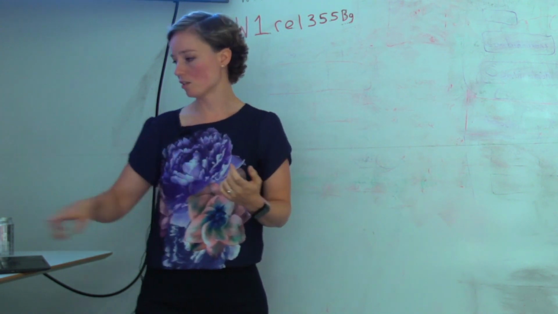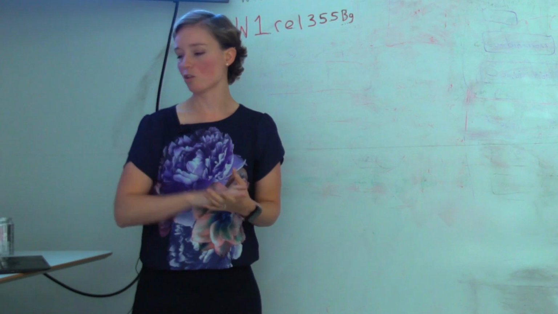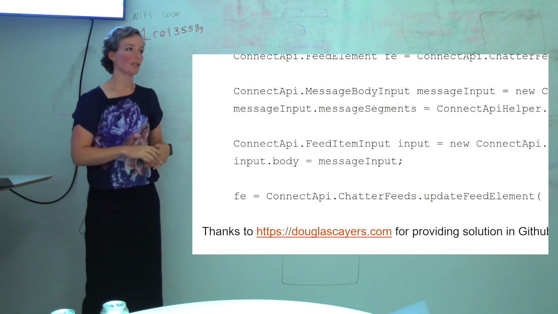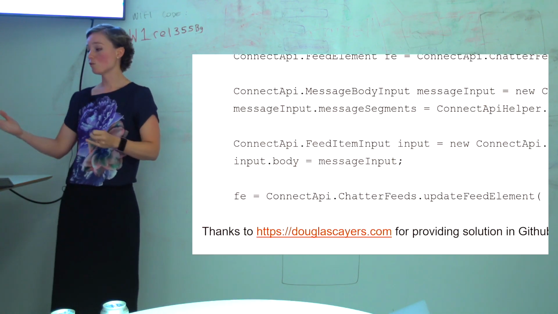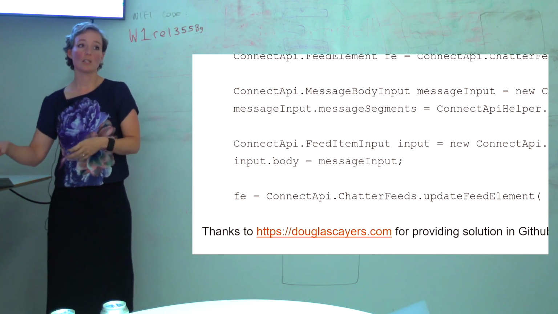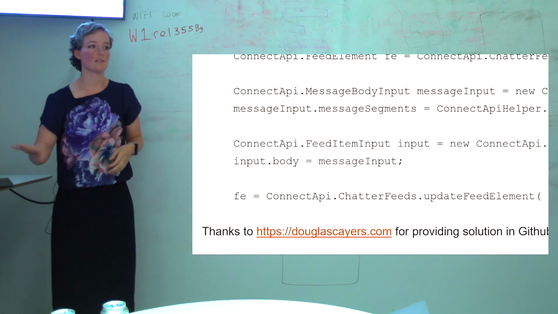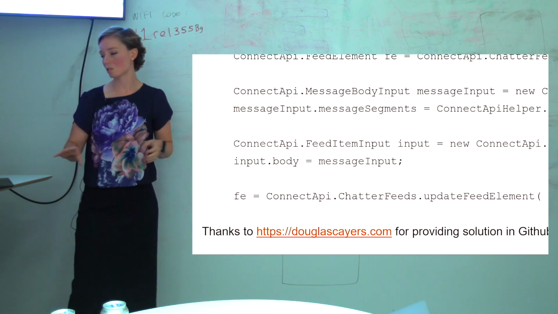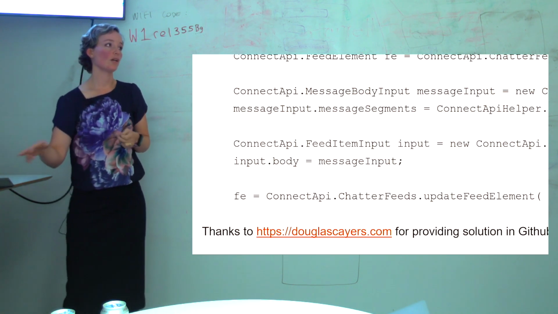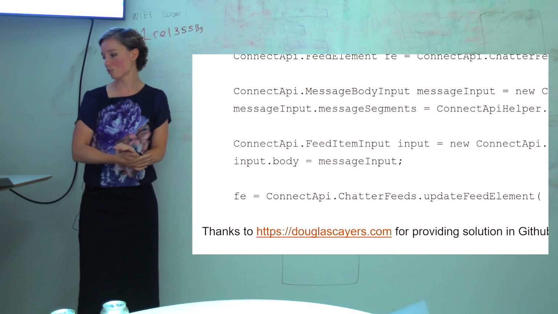So it makes it a lot easier. The guy who did it is Douglas Ayers. You probably know him. He's quite a well-known Salesforce blogger. So if you're interested in this code, it's a bit more advanced than this. This is just the basic how it works. Go to his blog and you can install the GitHub package.